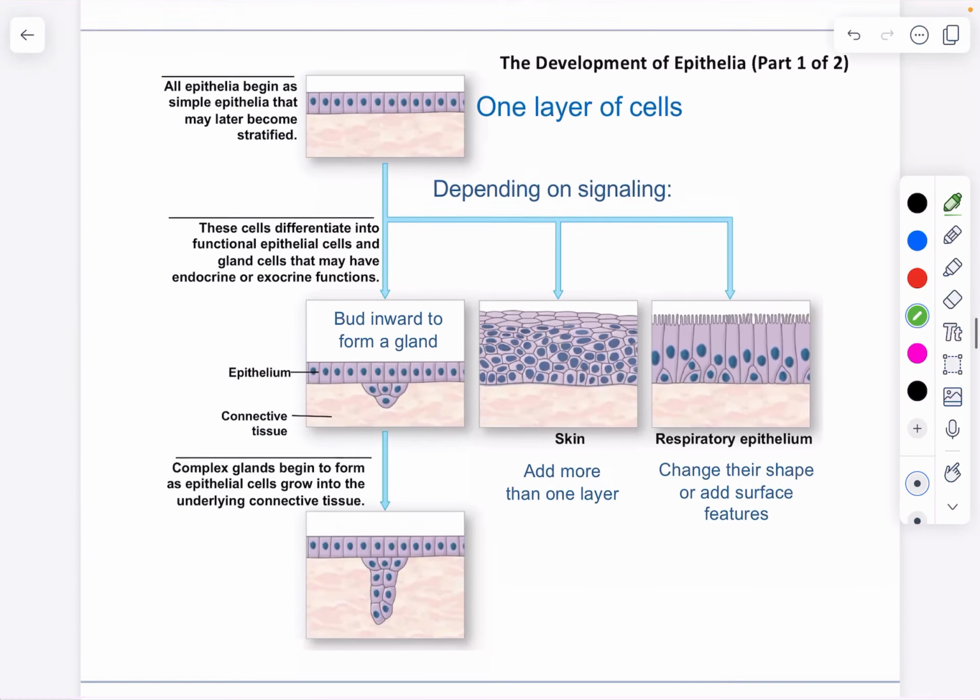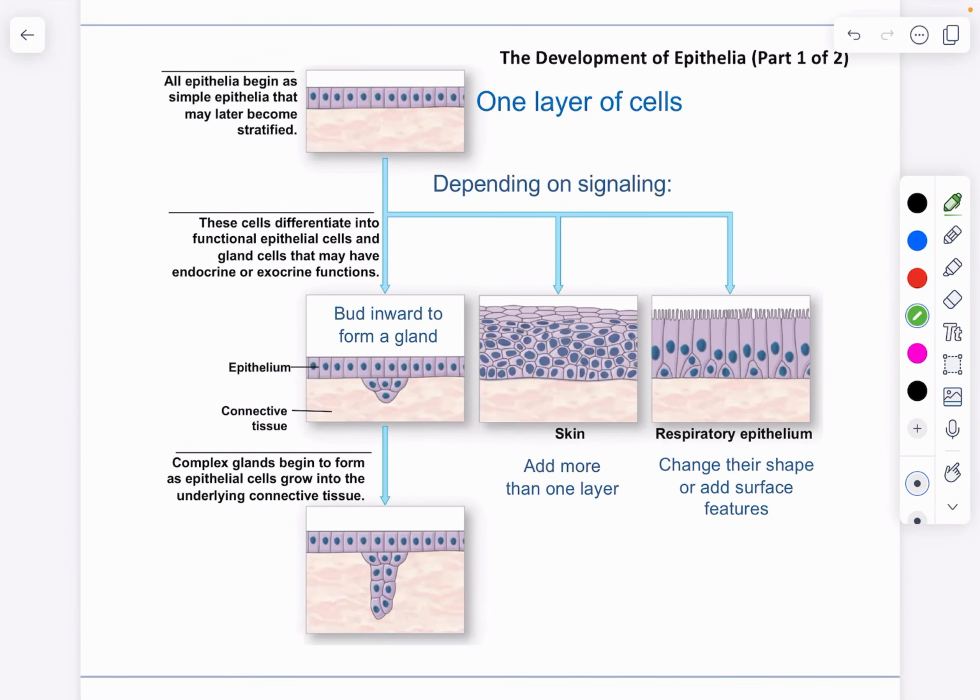All right, so let's start talking about how epithelial tissue gets developed. So all epithelial tissue begins as a simple single layer. So you see the single layer of epithelial tissue. And again, what would be the apical surface? Here. And what would be the basal surface? Here.